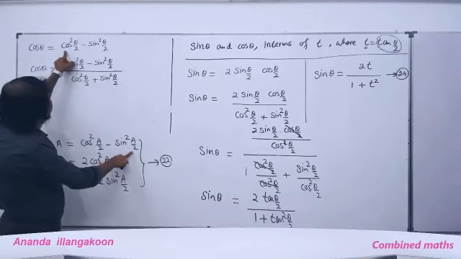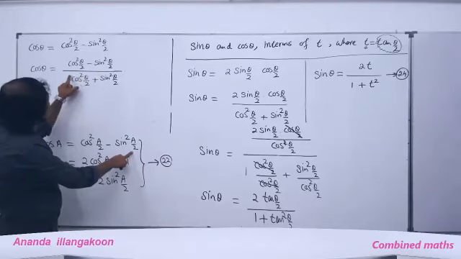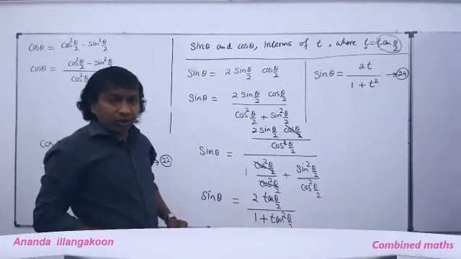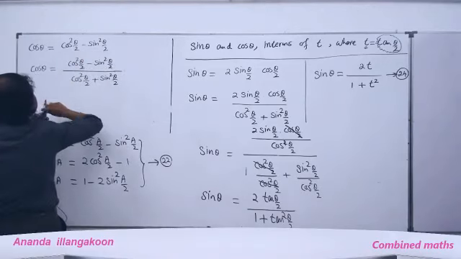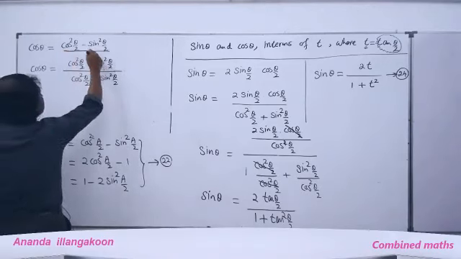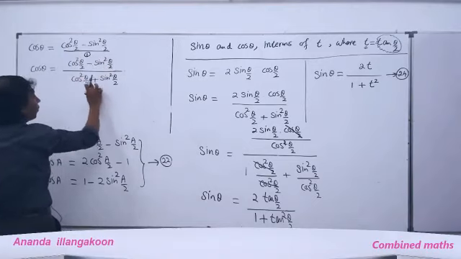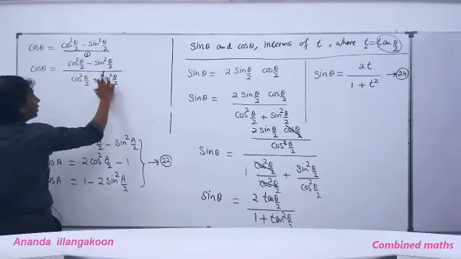When you draw a line here, below that we have 1. Then this must be 1, no? We know cos square theta by 2 plus sin square theta by 2 is 1. Really, we should have 1 below this. For this 1 only, we write this expression, because whatever this angle, cos squared angle plus sin squared same angle is 1.